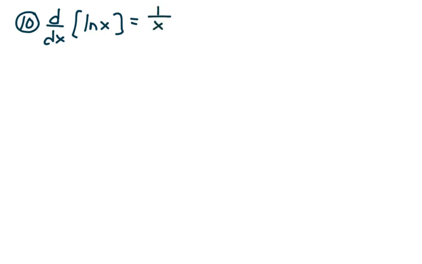Number 10. Suppose I want the derivative of natural log of x. The derivative of natural log of x is 1 over x. For example, suppose I want to differentiate natural log of 5x.